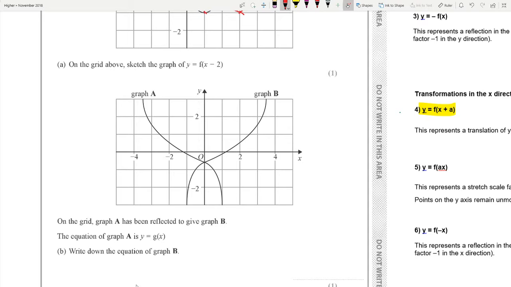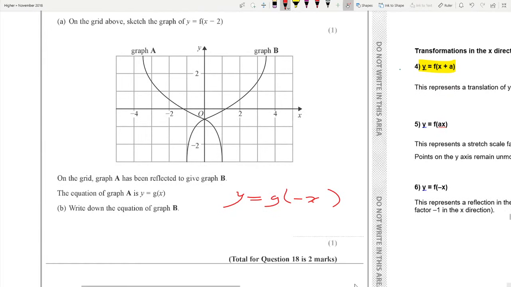And the way we show that is basically y equals g of negative x. So that represents a reflection in the y-axis. So 1 mark each.